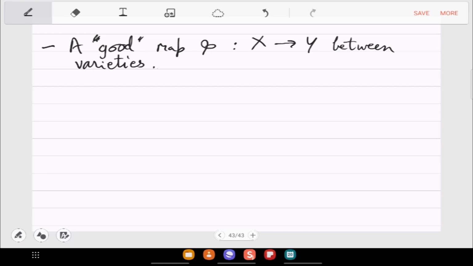Okay, x and y are completely independent. We want to compare them through a map. So what should the map satisfy? Well, first of all, it should be continuous.